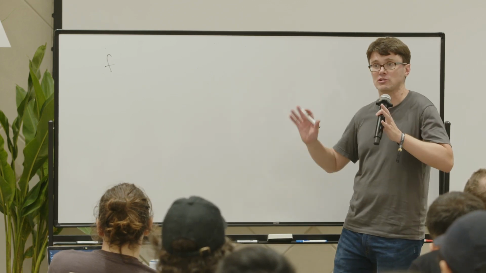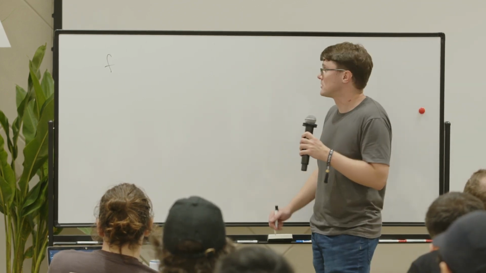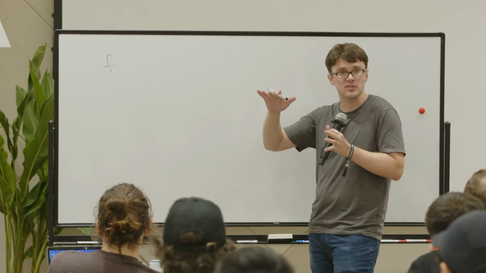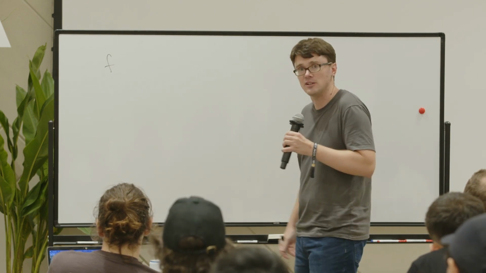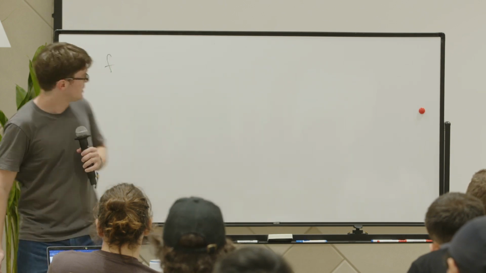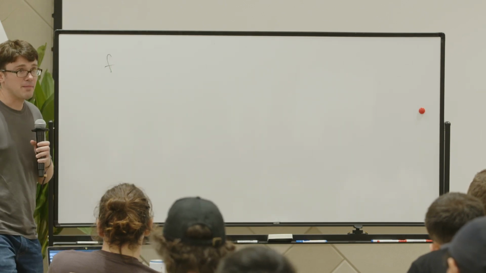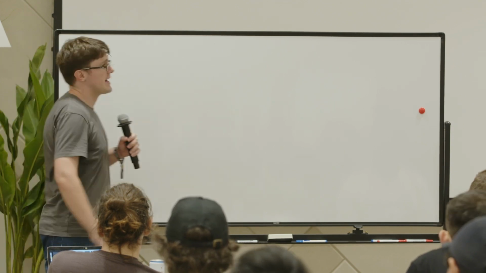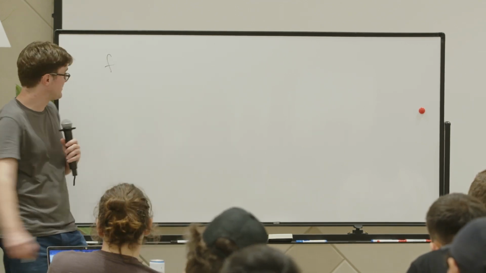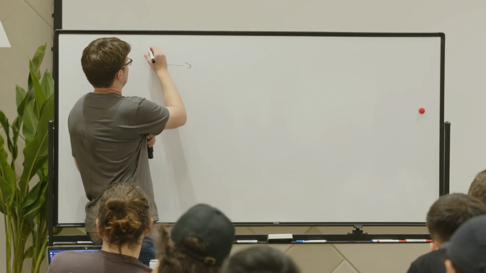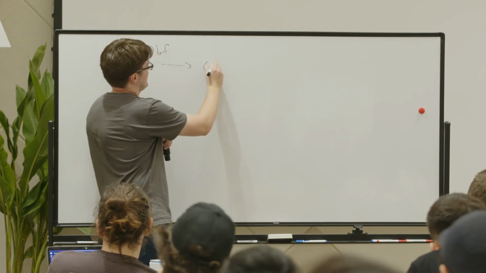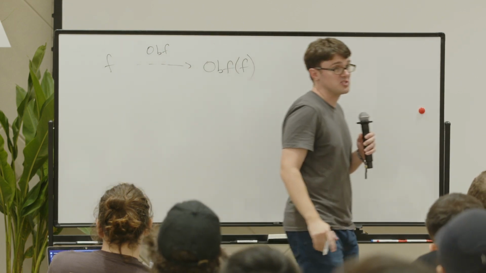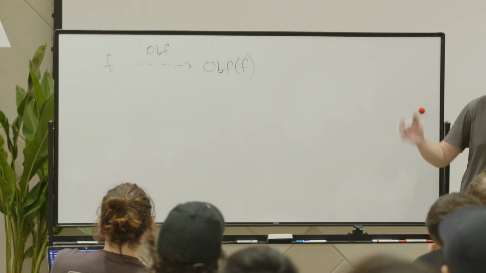Maybe f is some sort of cryptographic thing, and maybe it issues signatures, and the implementation of f has inside it a private signing key, for example. So black box obfuscation, if it existed, would be an algorithm that takes the source code for f and obfuscates it. So you get some obfuscated f. It depends what you want.